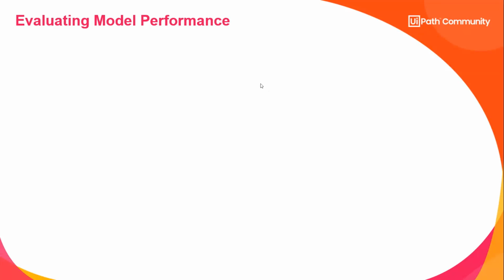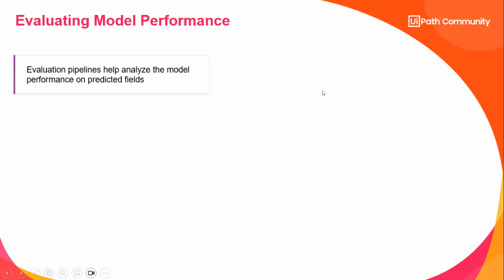The next thing is how you do the evaluation. When I talk about evaluation, I'm referring to the machine learning models, not the classification. So I mentioned earlier that when you collect the documents, you need to split them into two parts.